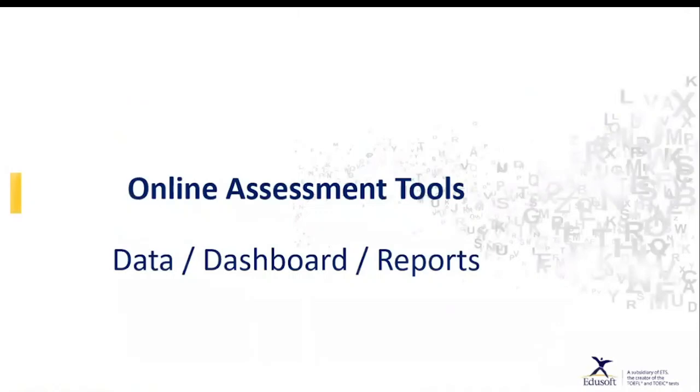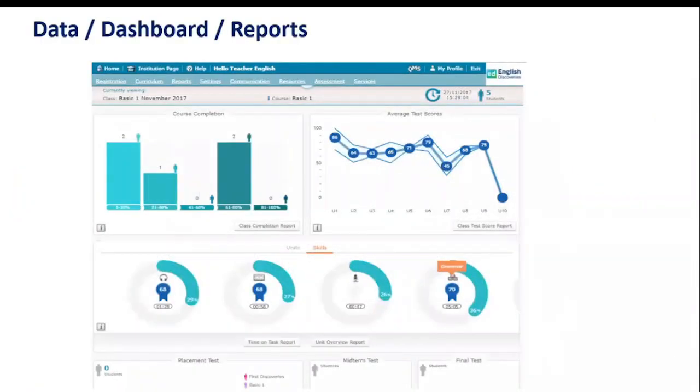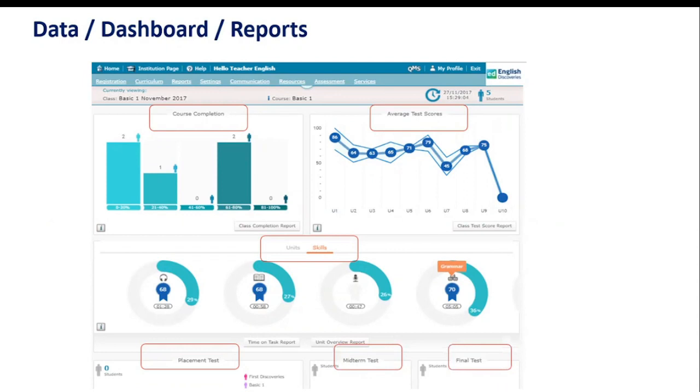Well, the data you may have available is completion, how much of the course they have completed, lesson test average, skills, information regarding their grammar, reading, listening, vocabulary, speaking, writing, placement test results, and information about their midterm and final course tests.